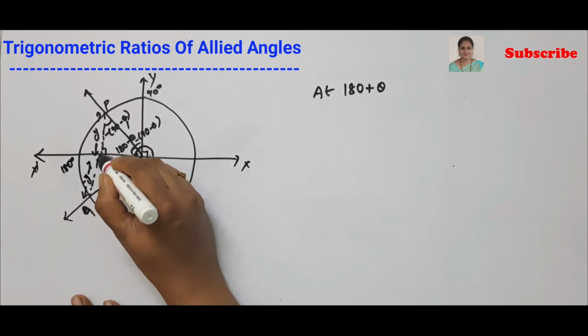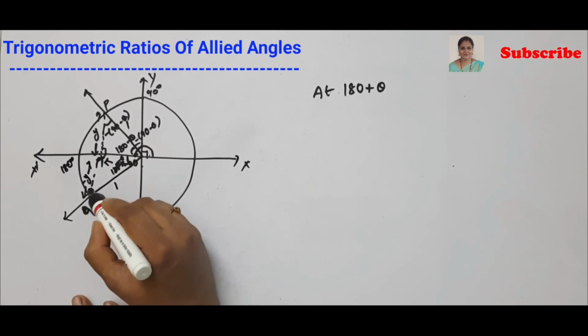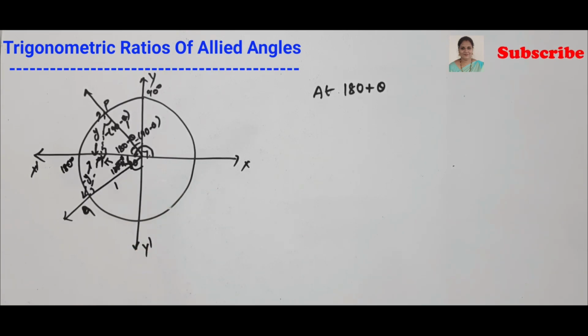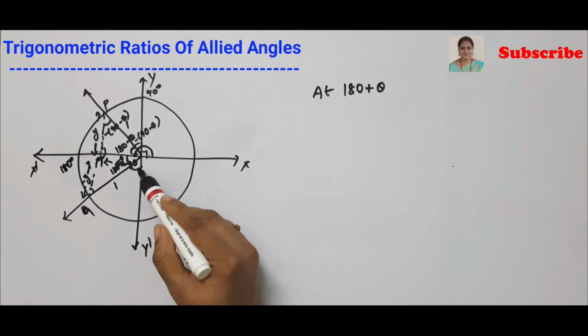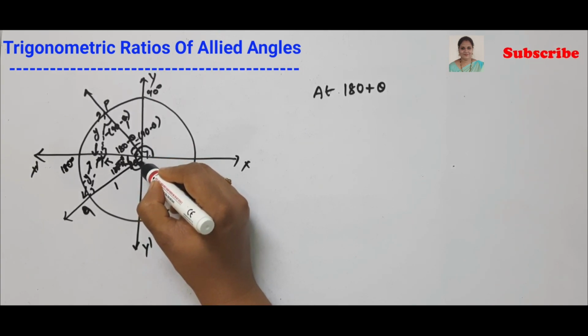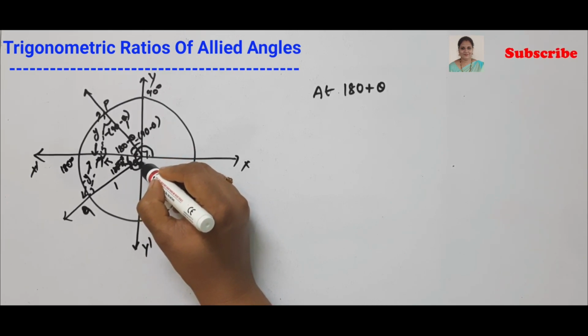This is 90 degrees. Now we need this angle. This angle is similar to this angle, is it not? Now let us calculate this angle. When the terminal ray is rotating up to here, the complete angle will be 270 degrees.